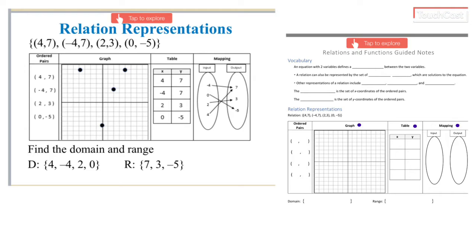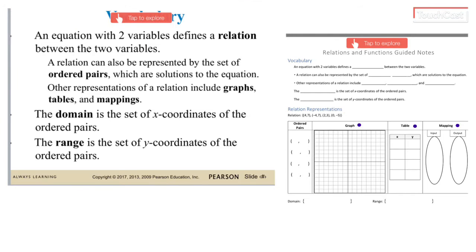So in this next little section, the relation representations, you can do this example that's right here. So in this next section, what I would like for you to do is try to represent this relation, which is given by these ordered pairs right here, in 4 different ways.